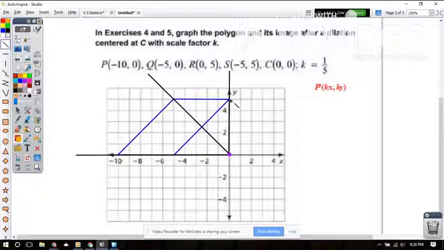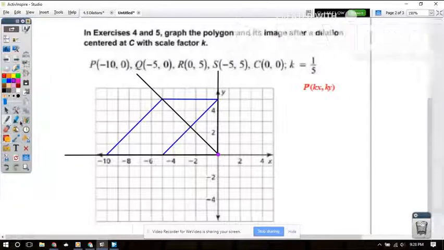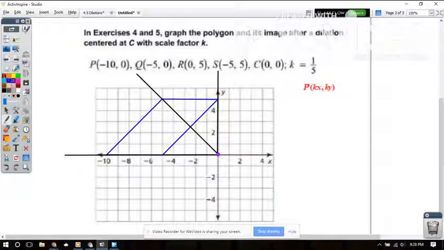So this distance from our center to point R is a distance of 5. So the image will be 1/5 of 5, which is 1, so 1 unit away. Because K is 1/5, it's going to be 1/5 the distance away it was.